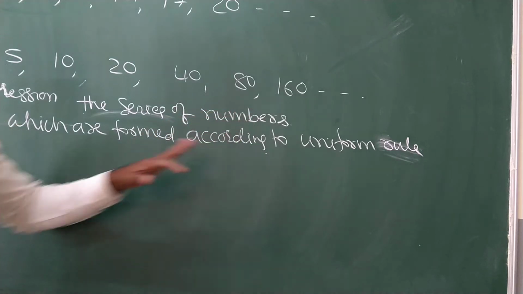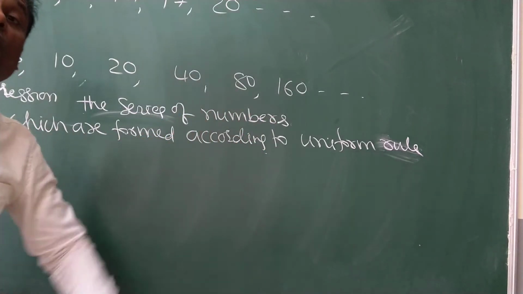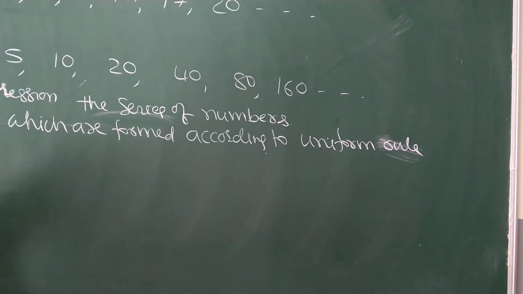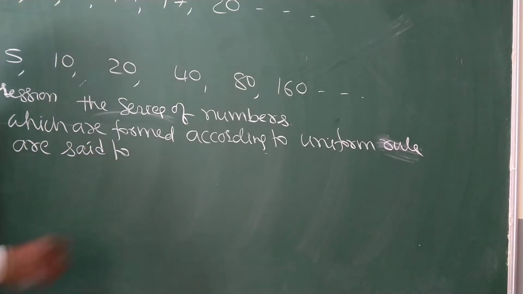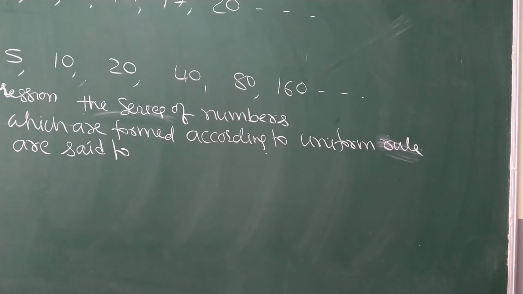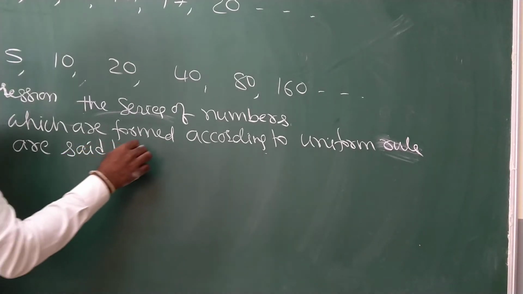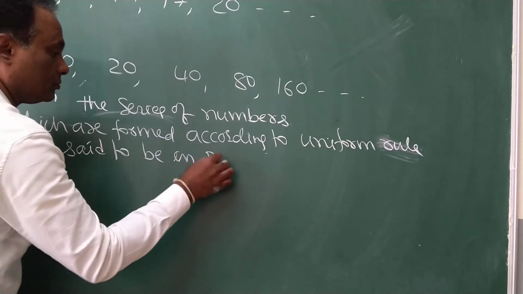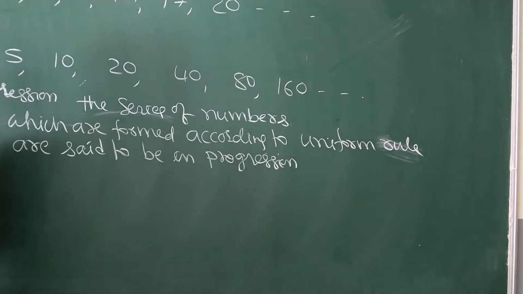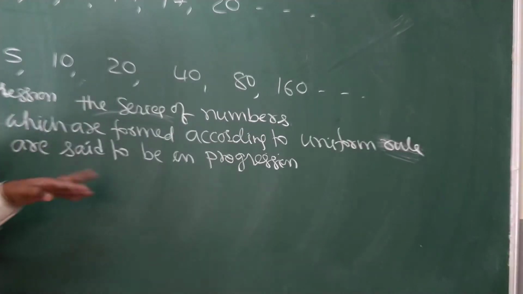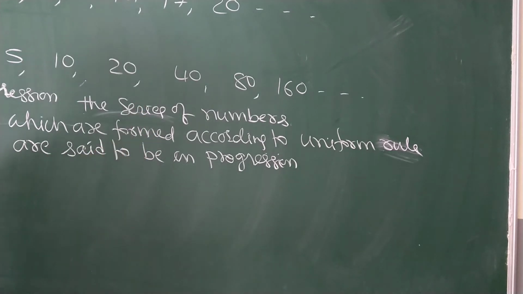The series of numbers which are formed according to a uniform rule are said to be in progression.